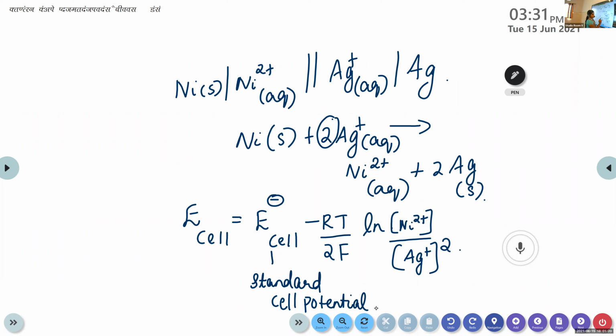R means universal gas constant, T means temperature, n means number of electrons, and F is Faraday's constant. Then ln of concentration of anode divided by concentration of cathode.